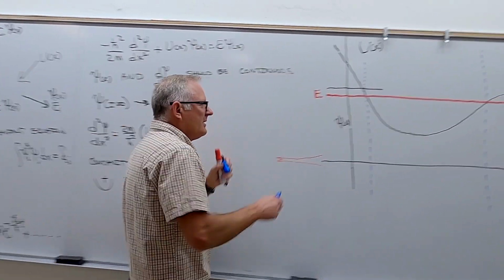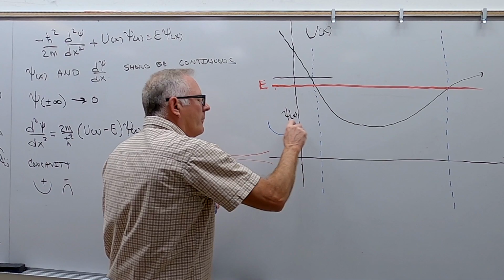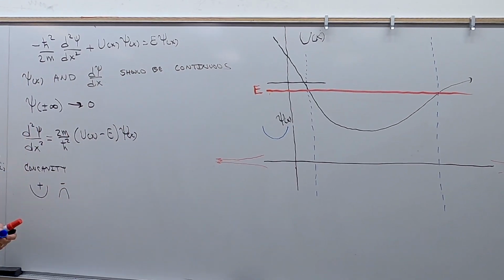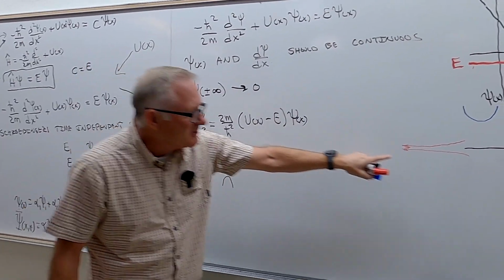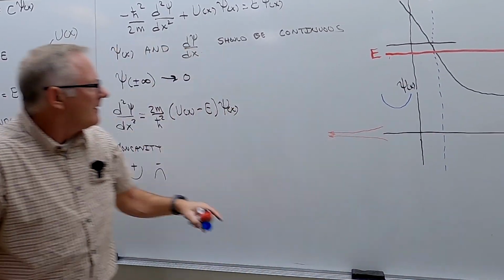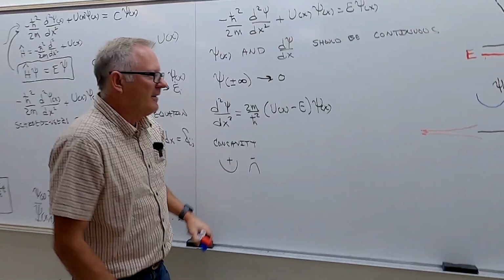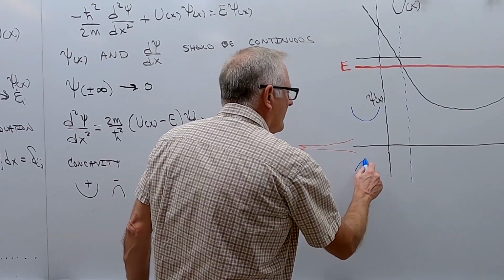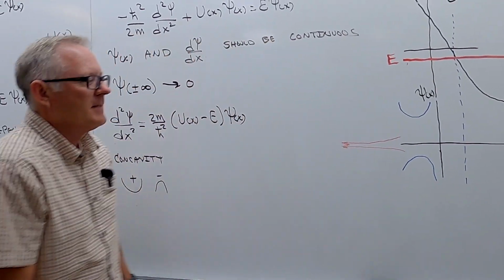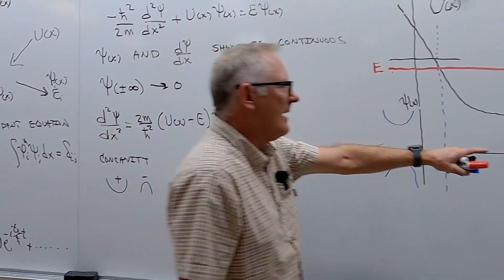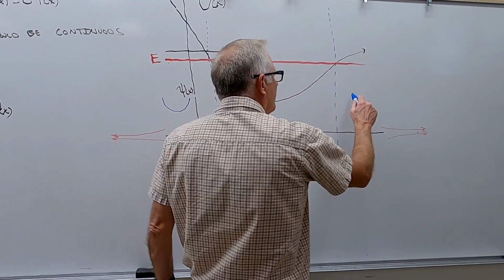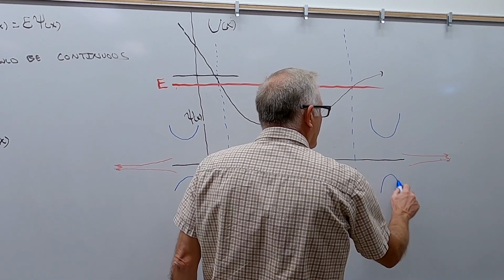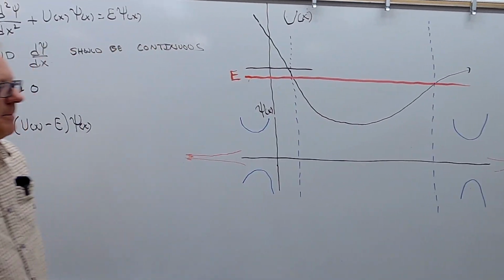Down below, if this is positive, but psi is negative because you're down here, then this whole thing is negative and you're concave down. So it's like this if you're down there. Likewise, it's going to be the same over here because U is bigger than E. So if you're in this region, you're concave up, and if you're in this region, you're concave down.